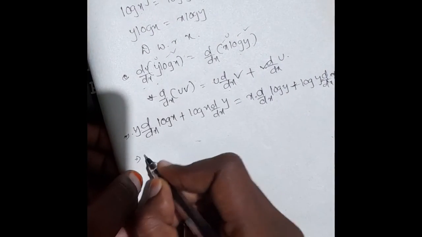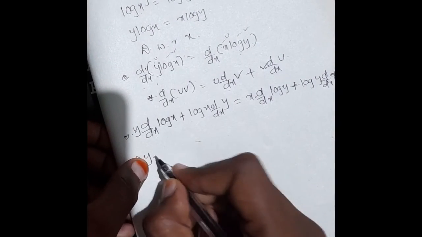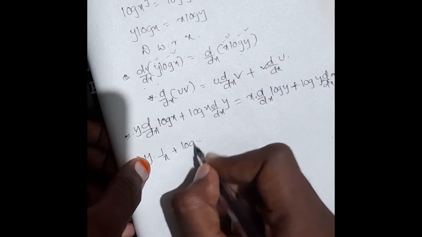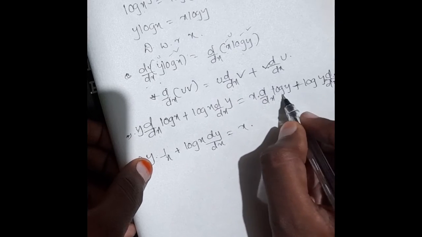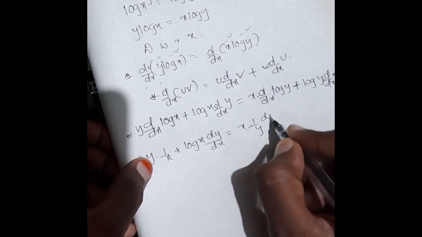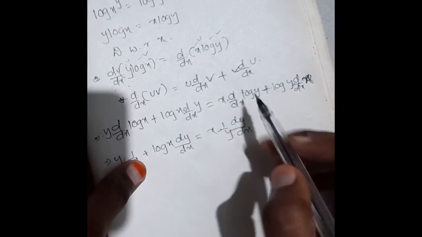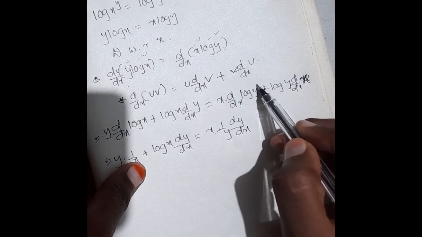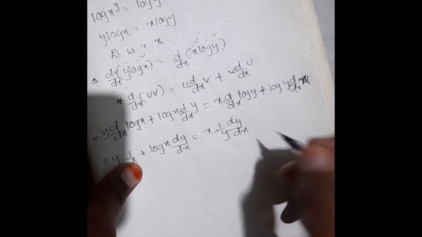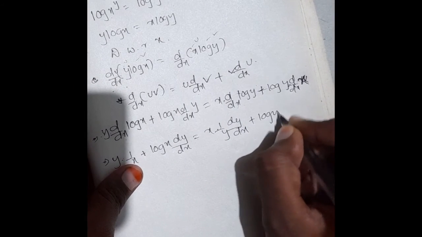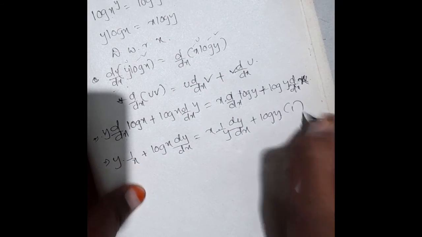Now d by dx of log x is 1 by x, log x dy by dx. Now d by dx of log y is 1 by y dy by dx, because here we are differentiating with respect to x, but here we have y, that's why we have to differentiate it again, plus log y times d by dx of x, which is 1.